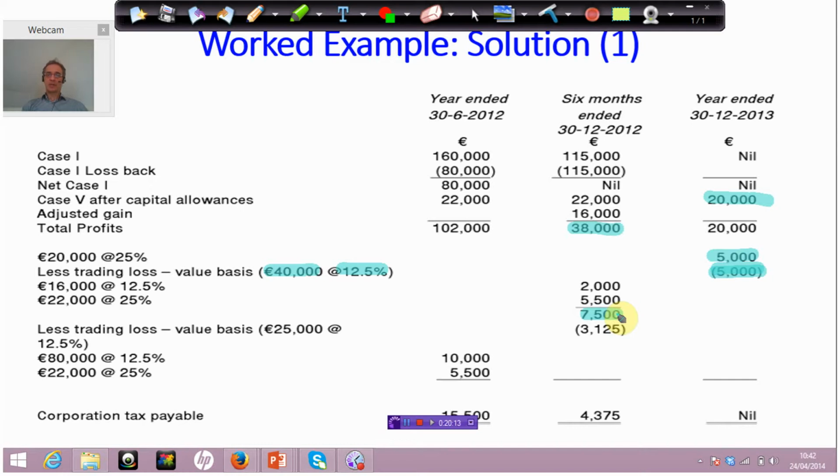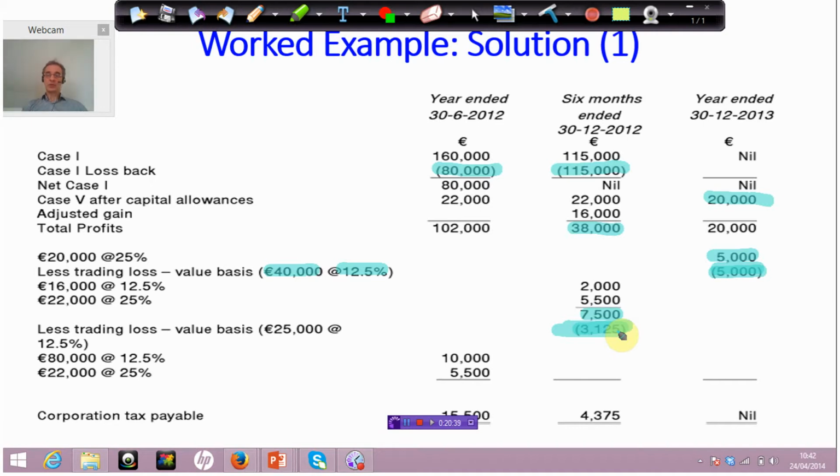And we're saying, can we offset all of that with the losses that we have? In fact, we can't, because we don't have enough loss left. And you'll see on the loss memorandum on the next page, because of the amounts that we've utilized, we're just left with this value. So we're going to utilize it in full. There's no partial offset.